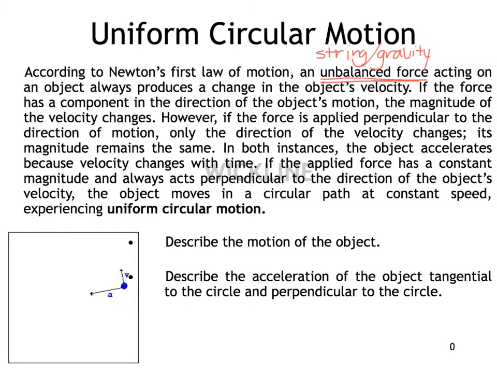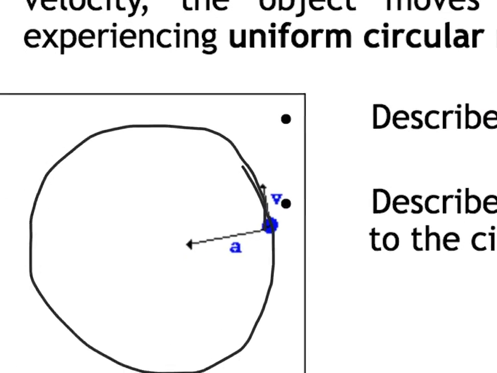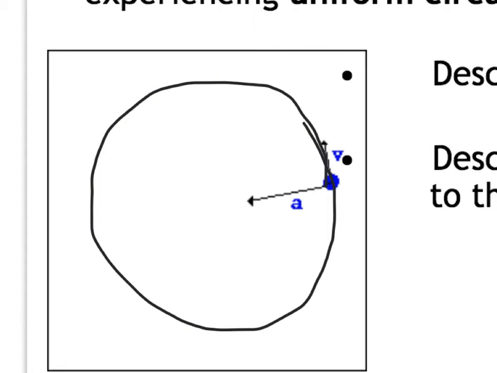I'm going to draw in, this was an animation down here in the bottom left, so I'm going to draw in my stationary version of what you would have seen. So there's my circle, and at this moment in time, the object is definitely moving along this line, which is tangent to the curve, but its acceleration is all towards the center of the curve.